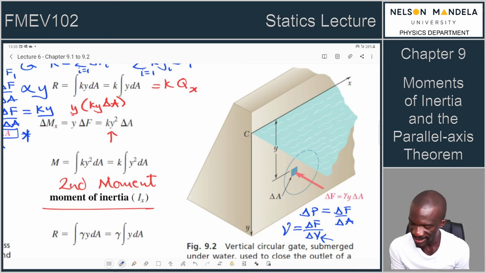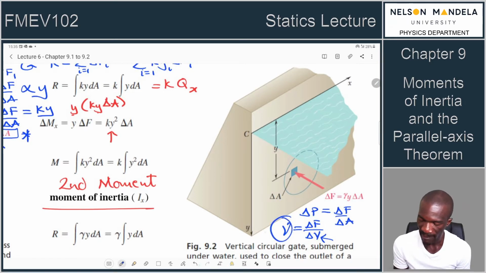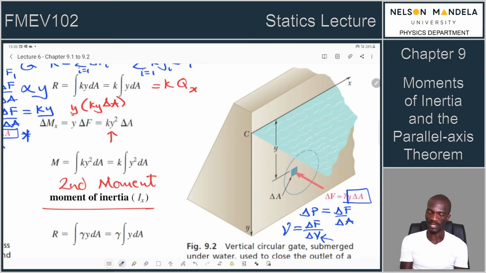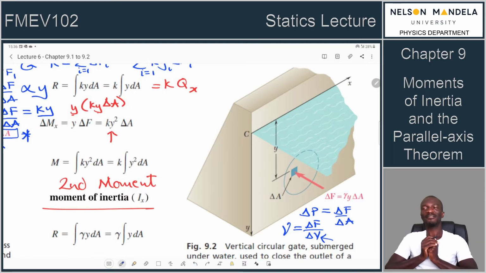So for that reason, if we make delta F the subject, it becomes delta F is equal to the gamma parameter multiplied by the delta V, and that is our delta V right there. So that's why I was saying the dam walls are a better explanation of the second moment.